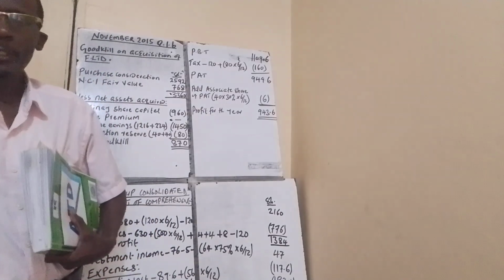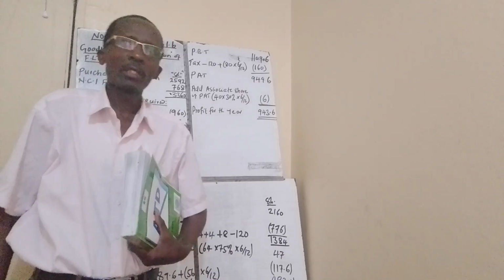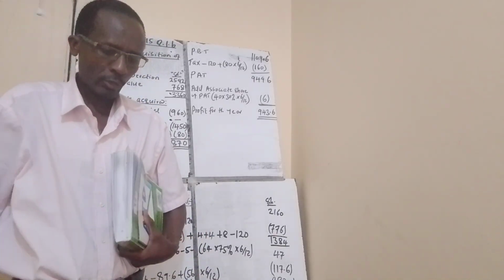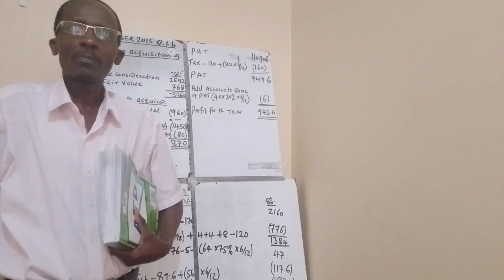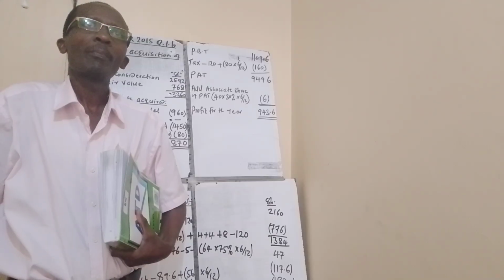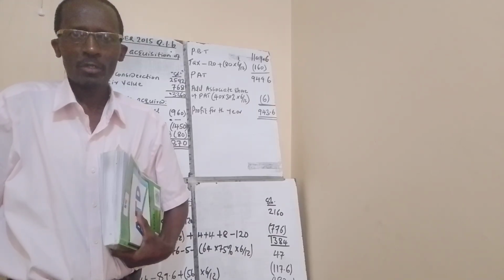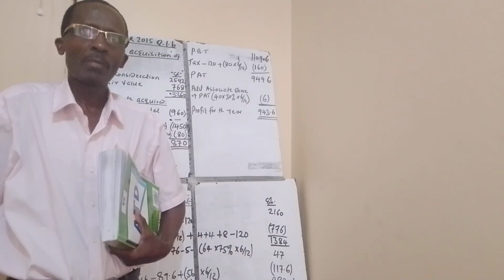Now remember, with the goodwill, we have two methods that we normally use. That is the full provision method as well as partial provision.